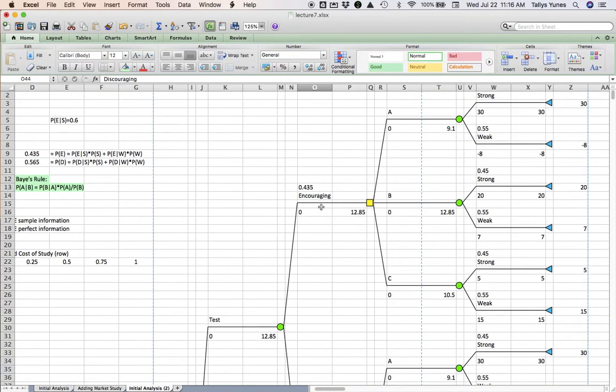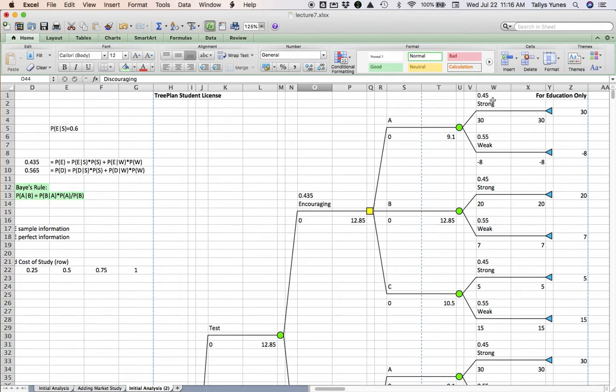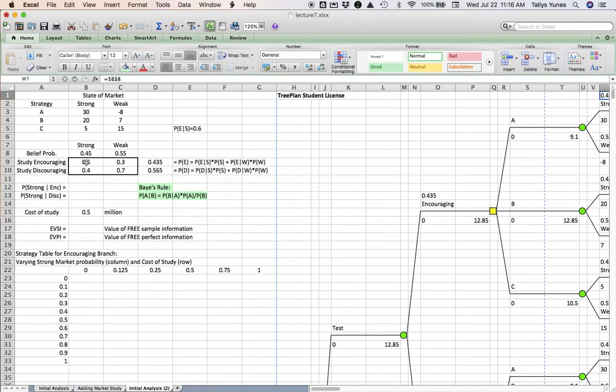And now we have to calculate these chances here that we talked about. In terms of conditional probability, what is this probability here? Well, this is the probability the market will be strong given that I ran the test and the test said encouraging. So this is PS given E. But what I have here is P of E given S, probability of encouraging given strong. So I have the opposite order, right?